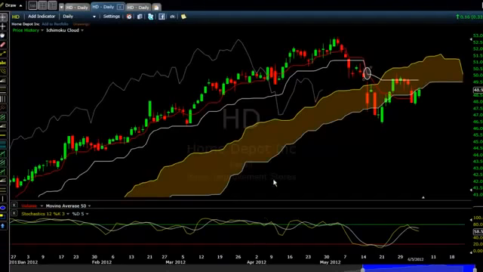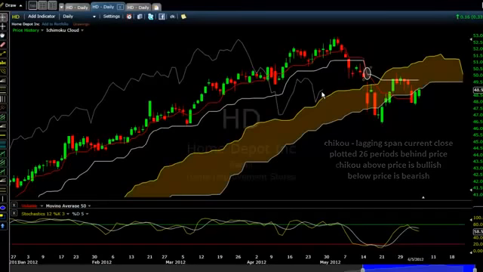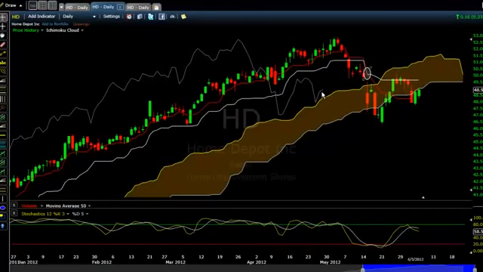So that's Home Depot, and we covered Tenkan-sen, Kijun-sen, Chikou, span A and span B, but we didn't cover Chikou to a great extent. So Chikou is the closing price projected 26 periods to the rear of the close. All right, so this closing candle here is actually that particular, that's the location of the Chikou.